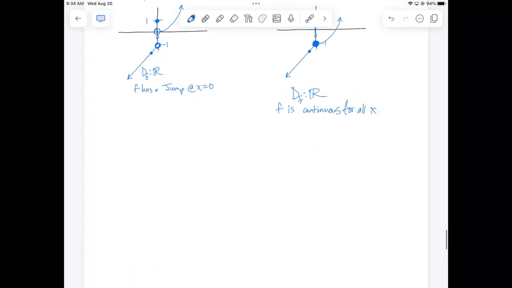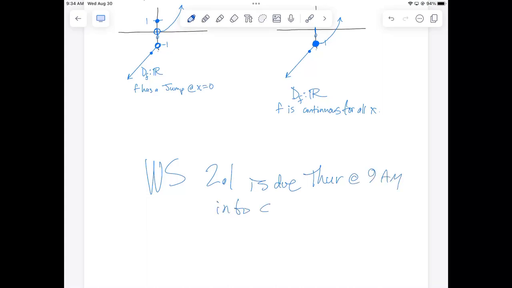So just to review then, the worksheet for 2.1 is due when? Thursday. That's tomorrow at 9 a.m. into Canvas as a PDF. It only accepts PDF. Okay. We are also going to take a quiz tomorrow. Yeah, anytime we have a worksheet due, you can expect a quiz.